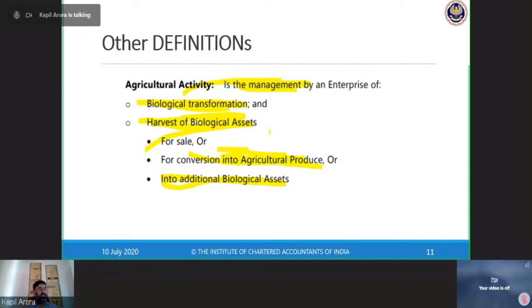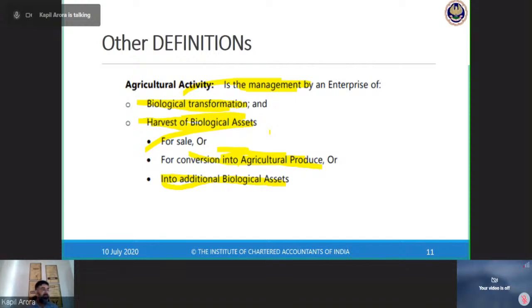Right? Now what could be the definition? It is giving us produce, maybe milk, and it has a life of more than 12 months, and these are tangible, right? So we can apply the concept of property, plant and equipment.